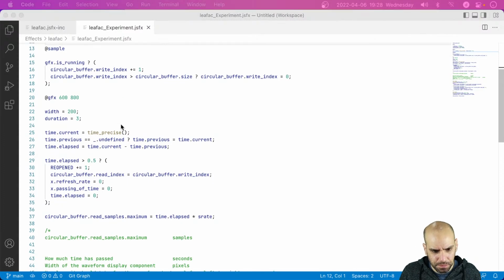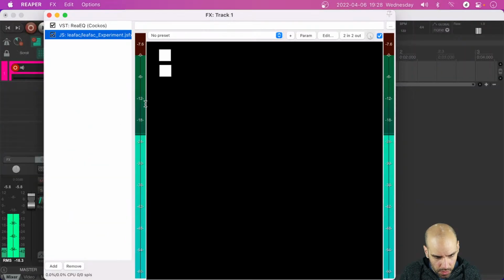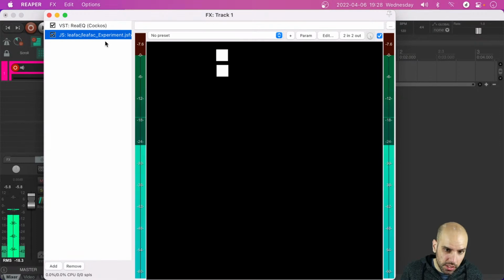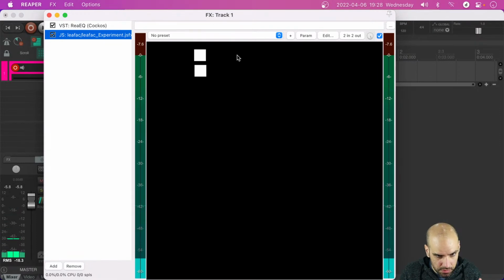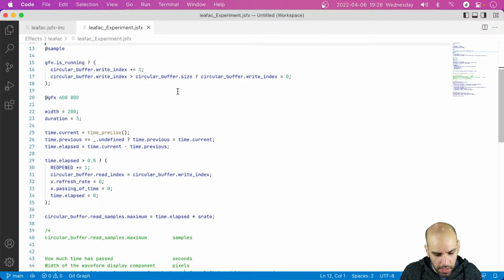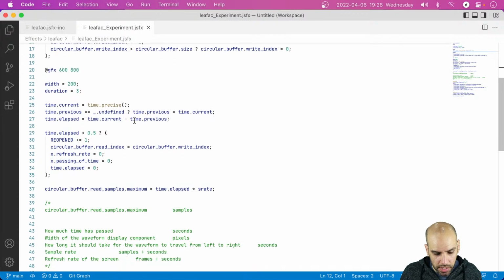Okay, what's up next? We have solved the issue of the jitter. By the way, I am not sure it's always available in the GFX block. That's surprising to me.